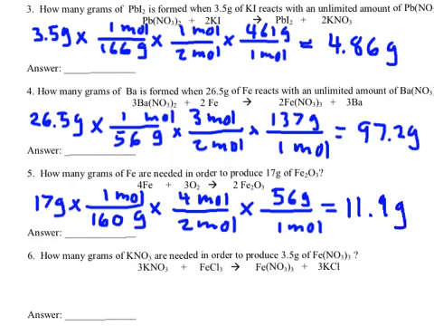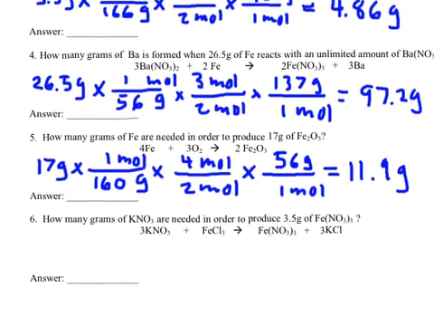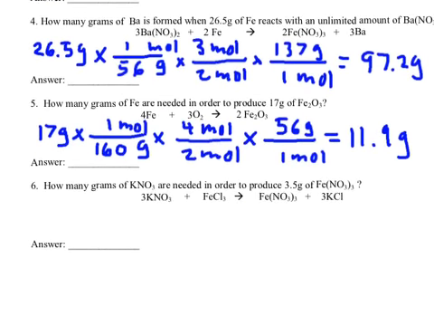And let's look at our next one. Number 6. We got 3.5 grams of FeNO3. So I have to start off with that. 3.5 grams. I put grams in the basement. I turn it into 1 mole. Let's see.